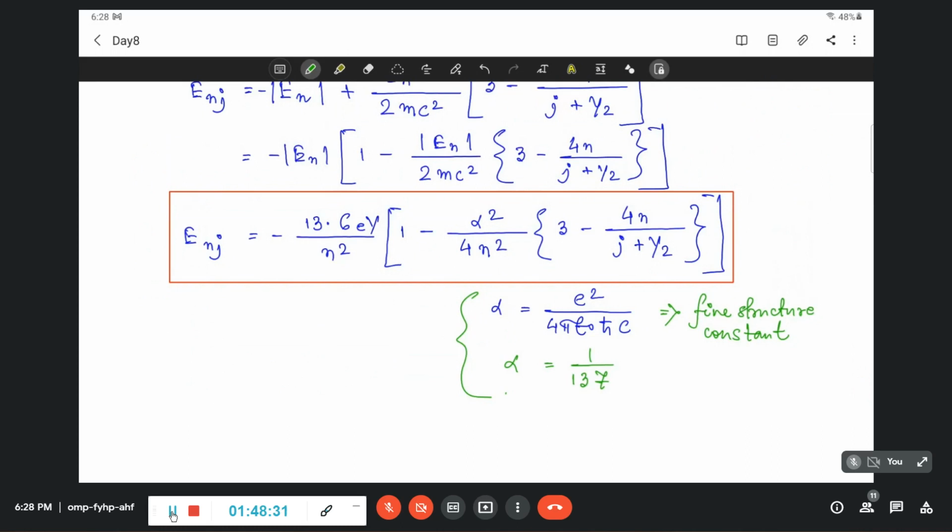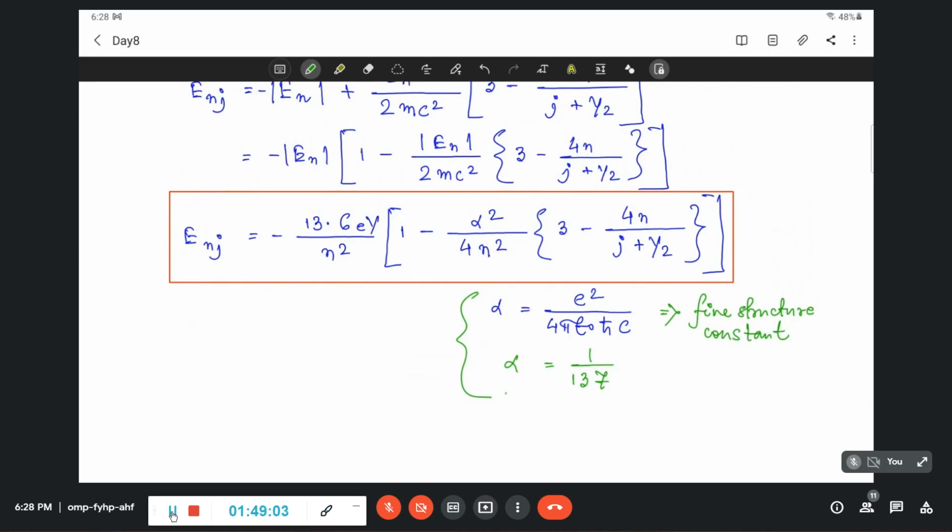Somehow magically this happened, and this magic is due to some symmetry. But if you include this fine structure constant, which is the radiative correction plus the spin orbit coupling, you break that symmetry and you find that the energy eigenvalues depend not only on n, the principal quantum number, but also on j. So this is one fact.